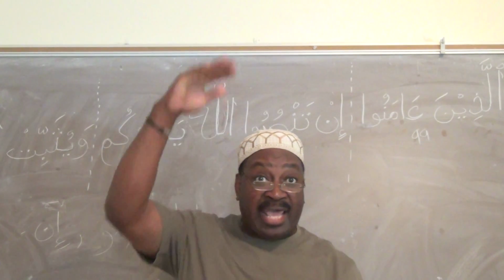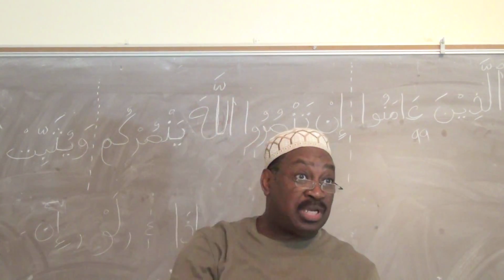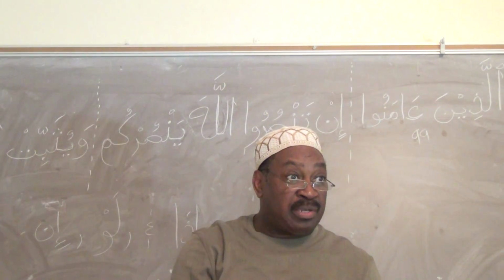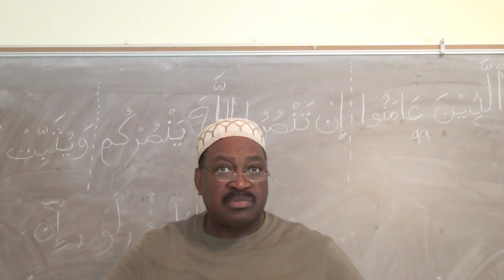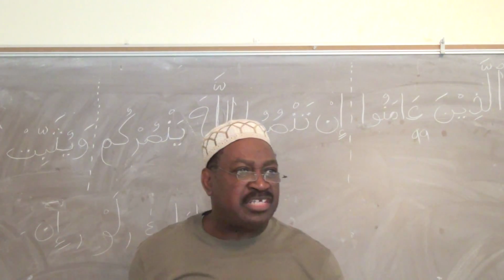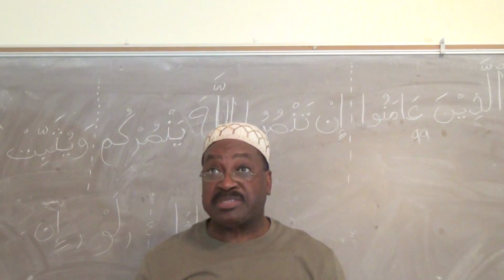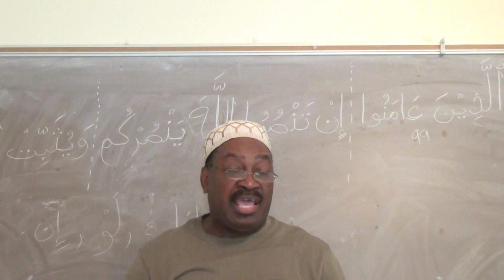If I say hot, you're going to say cold. If I say high, you're going to say low. Give me another example. Big, small. Fat, skinny. Fast, slow. It has an opposite. With just about everything you can think of, in fact, everything has an opposite.